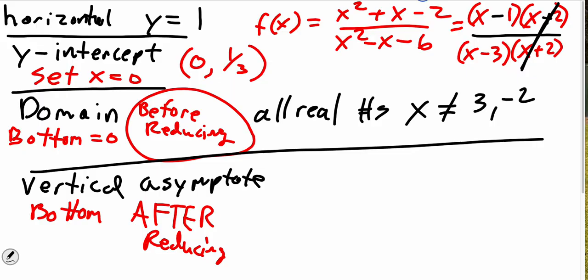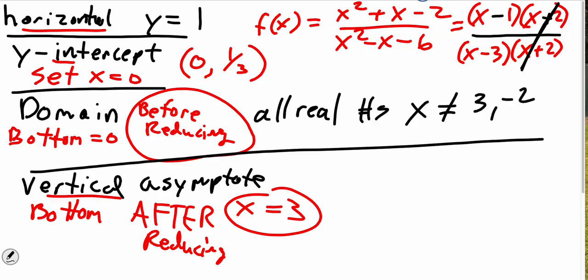What would make the bottom 0? 3. And it's a line, just like the horizontal asymptote is a line. So this will be an equation. So we keep an x in there. When x equals 3, we have a vertical asymptote. Because that's when the bottom would be 0. If I put a 3 into x, I get a 0 in the denominator.